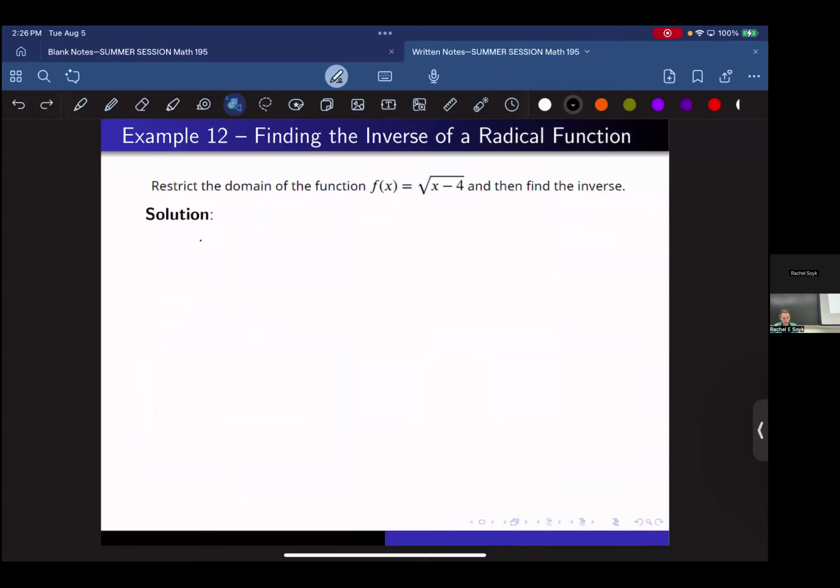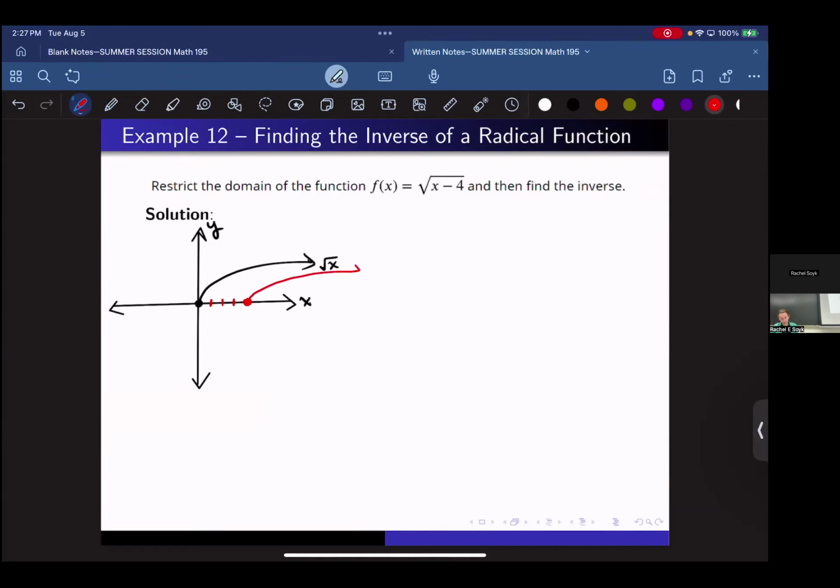So how do we restrict the domain? This is where, once again, our toolkit functions are important. Because if we look at just the square root of x, we're looking at the positive square root of x. And so the square root of x minus 4, that's a horizontal shift, left or right?